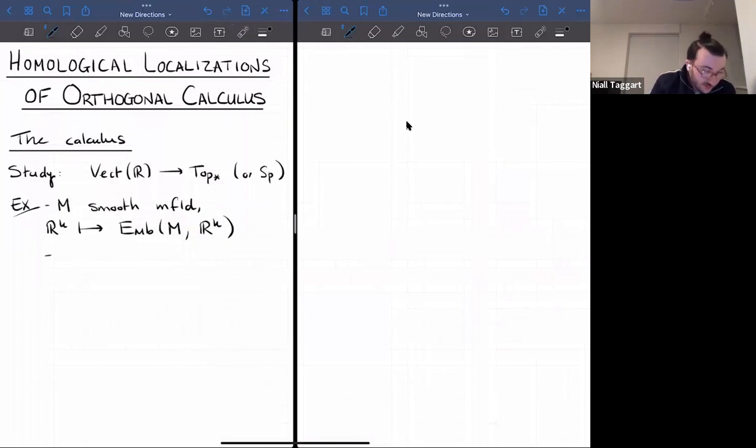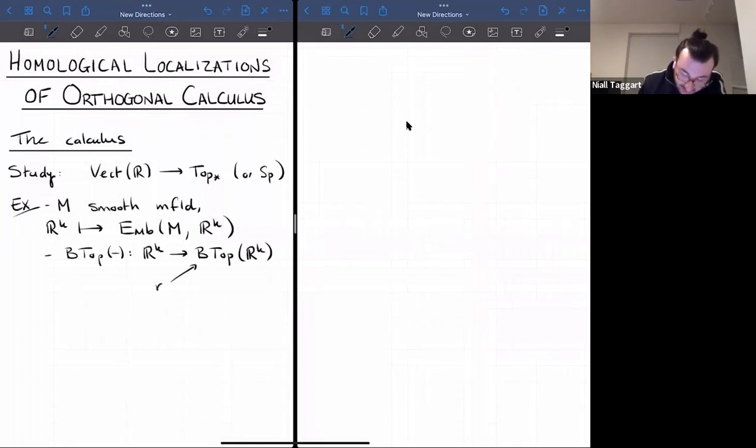You could have the functor be BTop, which sends some vector space to the classifying space of the group of homeomorphisms on R^k. This is kind of an odd thing to choose, but in some sense, this is related to the classifying space of diffeomorphisms of disks via some smoothing theory. So study one, if not the other.